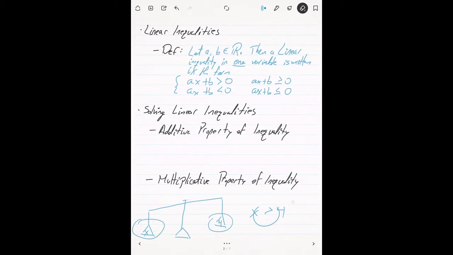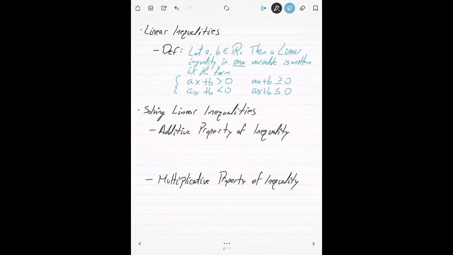Let's talk about how we can actually do this solving, in particular how we can do the manipulation to work with these inequalities. Before, when we were learning about solving equations, we had to learn about some properties for manipulating equations, in particular the additive and multiplicative properties of equality. Those said you could add whatever you want to both sides, subtract whatever you want from both sides, and multiply or divide whatever you want on both sides.